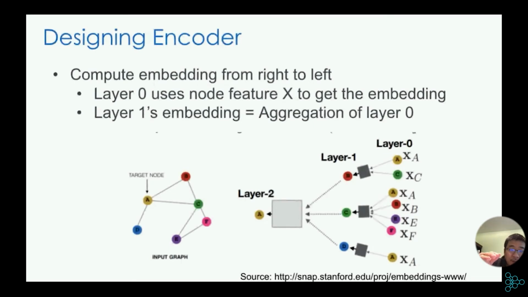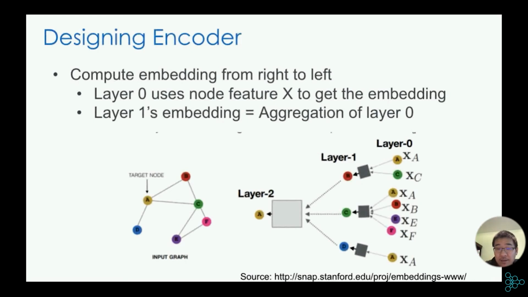This means we learn the embedding for A and C first, as they are the neighbors of B. Then we aggregate the embeddings of A and C to get the embedding for node B. Similarly, we can get the embedding for C and D. Then by aggregating the embeddings of B, C, D, finally we get the embedding of A. You see this process nicely uses the graph structure surrounding A.